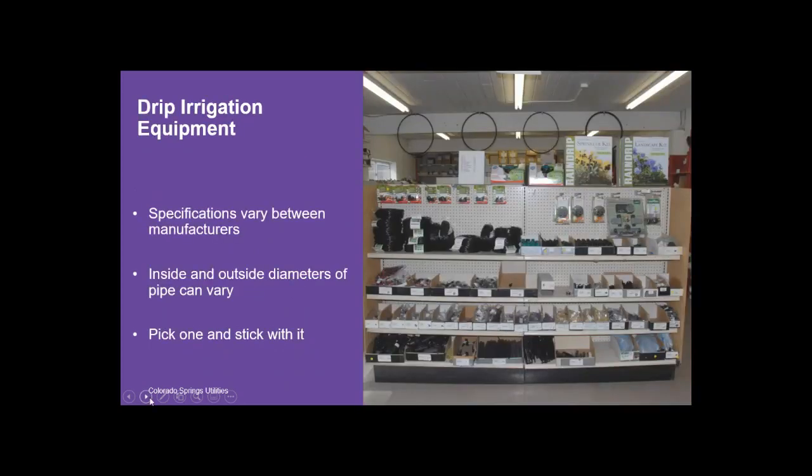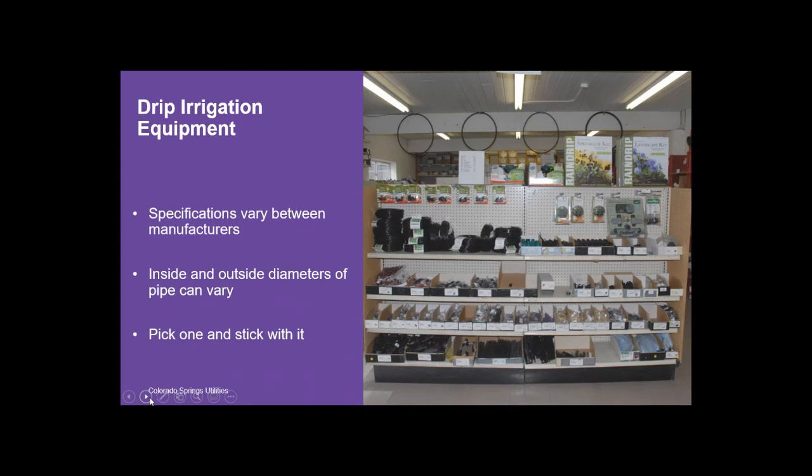Okay, so we'll dive right into drip irrigation equipment now that we've learned a little bit about what a drip irrigation system is, the benefits of that system, some ideal places and scenarios to use drip, and where not to use the drip. Drip irrigation equipment specifications vary greatly between manufacturers.